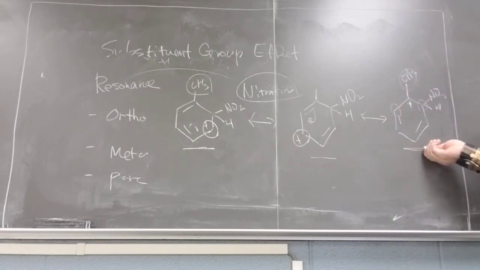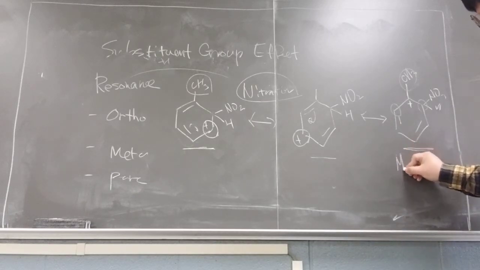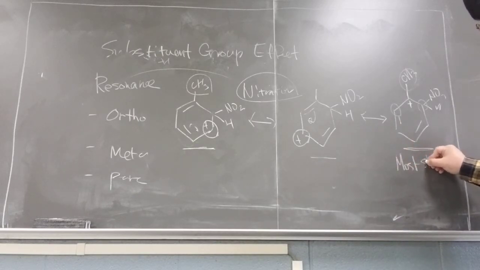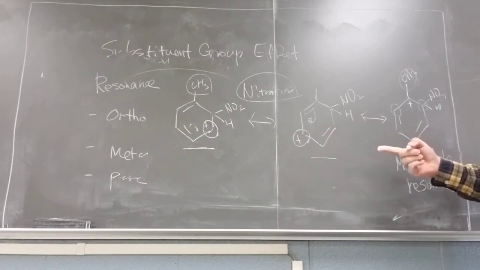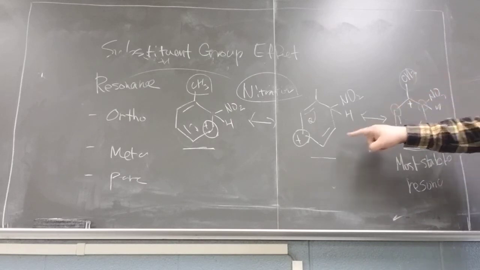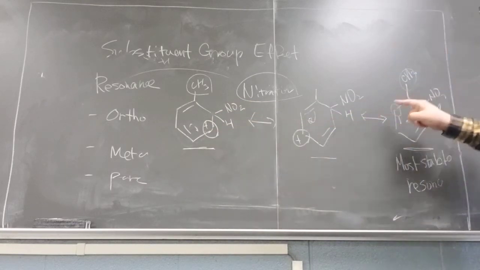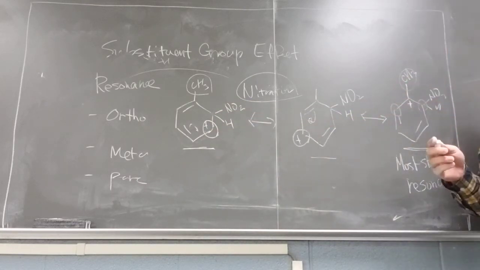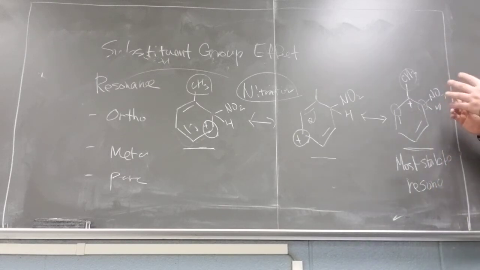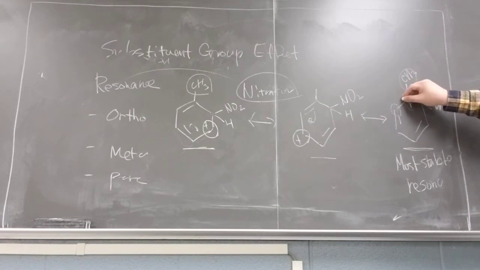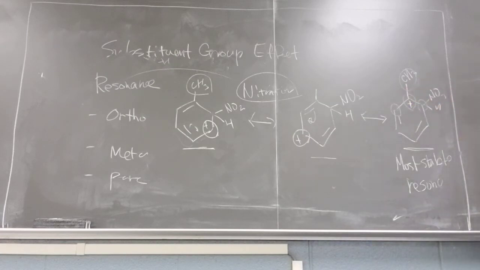So this is the more stable resonance structure out of those 3, because of the 3 carbons. Because of more hyperconjugation and the inductive effect, this carbocation position is more stable than the others.